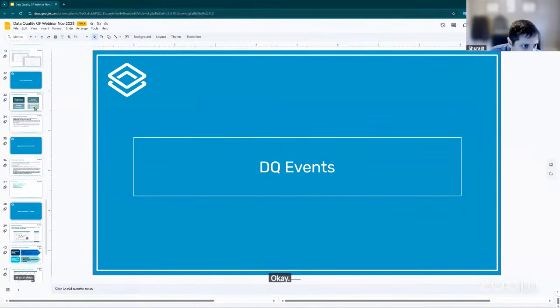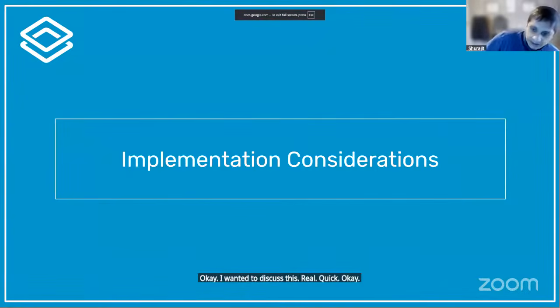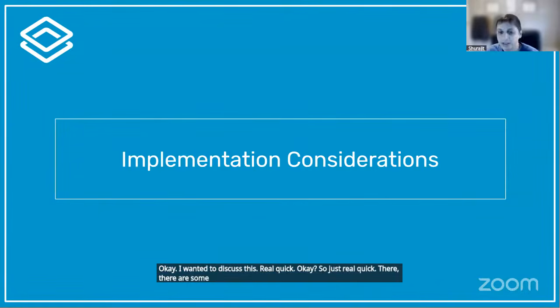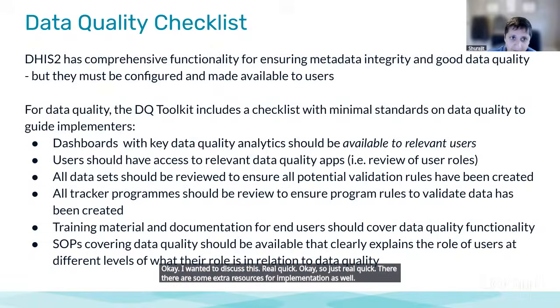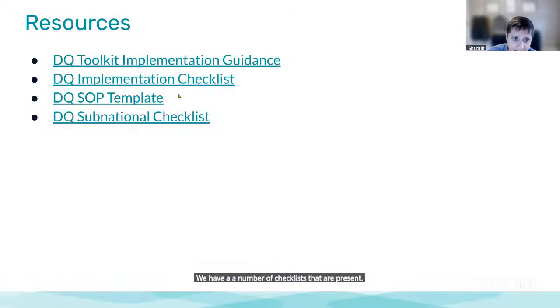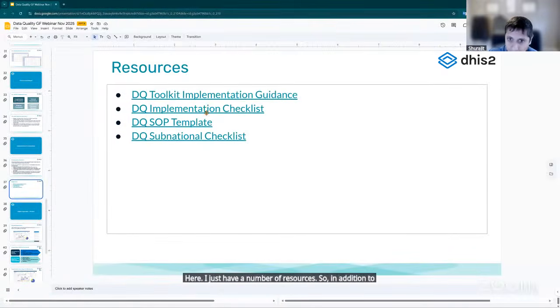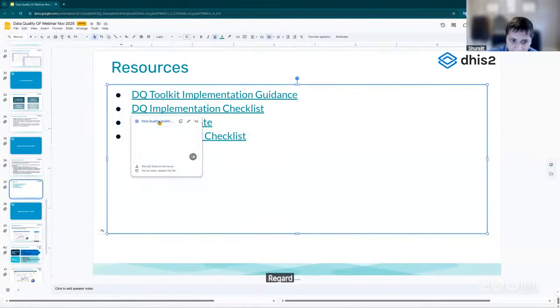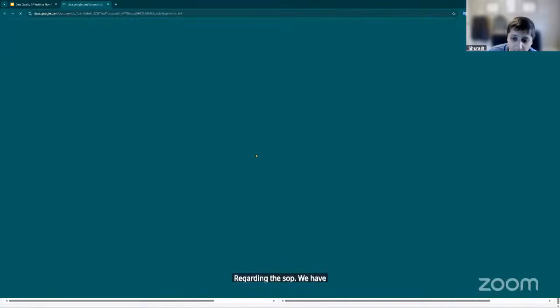Okay, wanted to discuss this real quick. There are some extra resources for implementation as well. We have a number of checklists. In addition to what you saw regarding the SOP, we have checklists that help you on the implementation side.